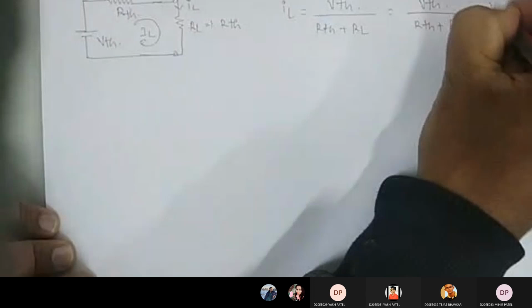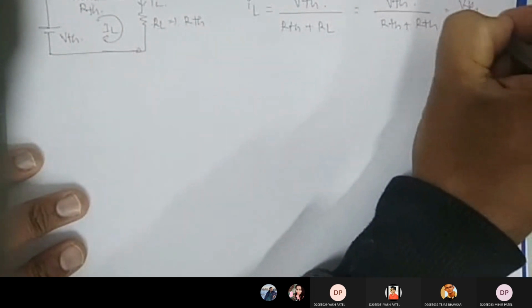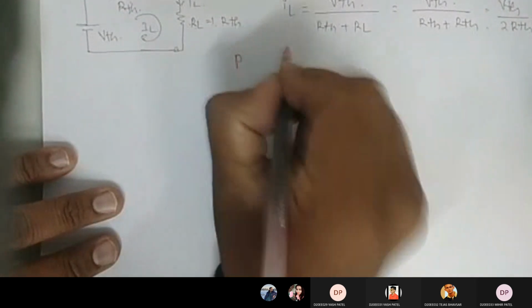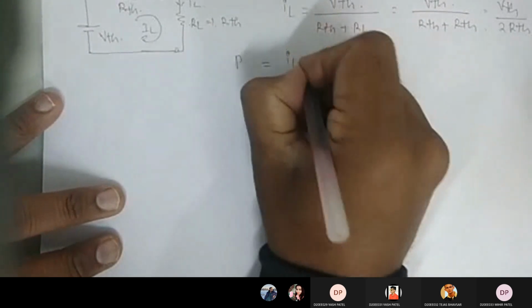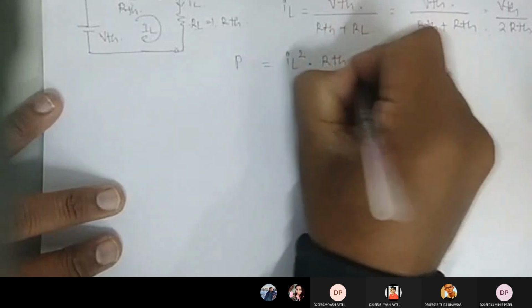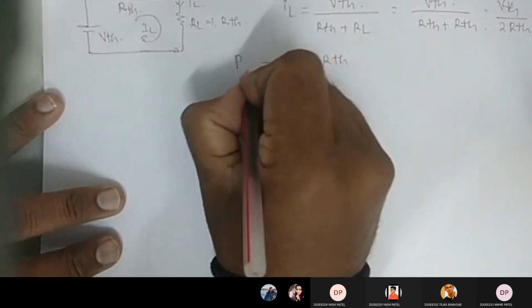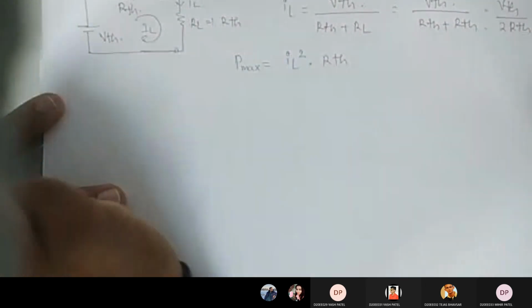So what will be the value of IL? It will be equal to VTH upon 2 into RTH. What is the formula for P? P is equal to I square into R. So in our case, IL square into R, where R is RTH. Whatever the power we are getting in this case is nothing but P max.